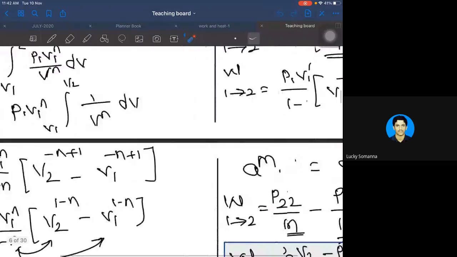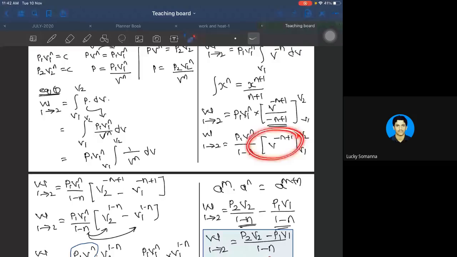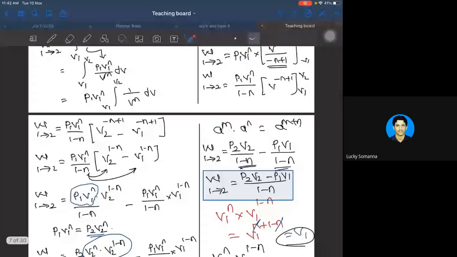So if I apply the limits, it is V2 to the power of 1 minus n minus V1 to the power of 1 minus n. Now, if you have to transfer, multiply this particular thing with this as well as this. So multiplying these two, you will get this. Multiplying these two, you will get this.